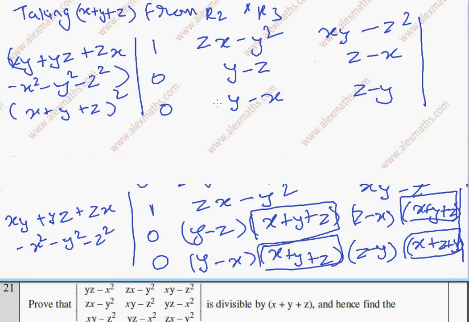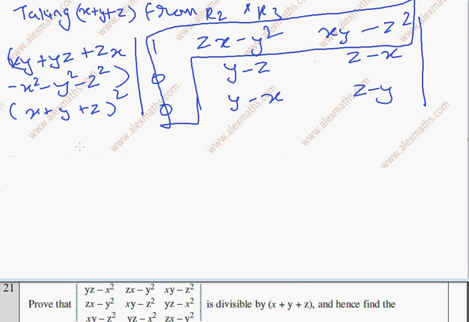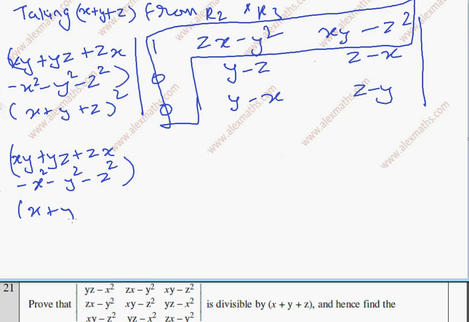Now we can expand the determinant because already we got two zeros, so I will expand along this. So before that, all the outside terms: xy plus yz plus zx minus x square minus y square minus z square into x plus y plus z whole square.